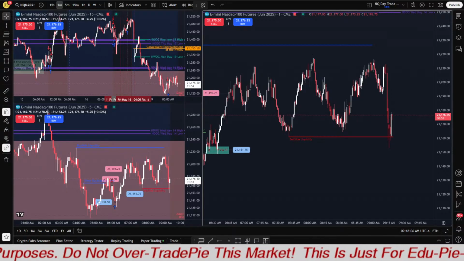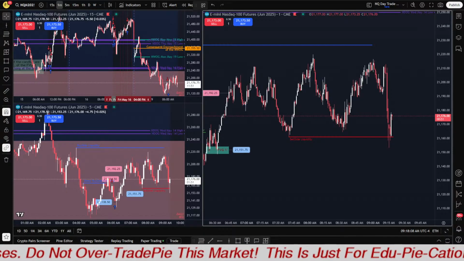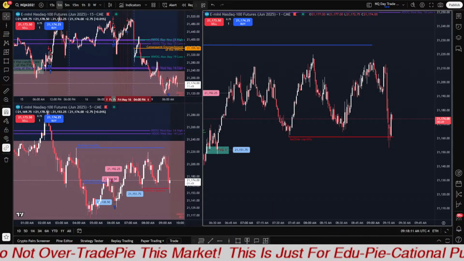So here we have the Nasdaq futures chart on this monitor.